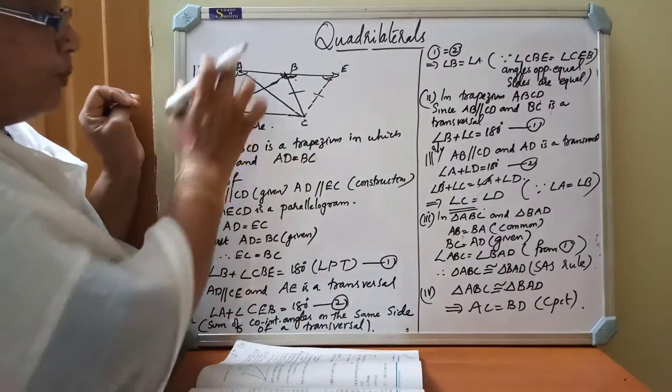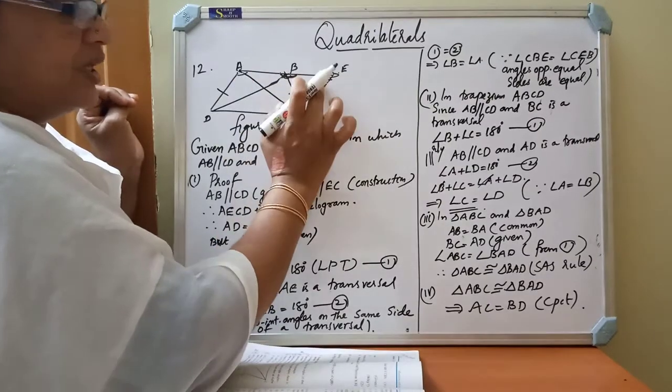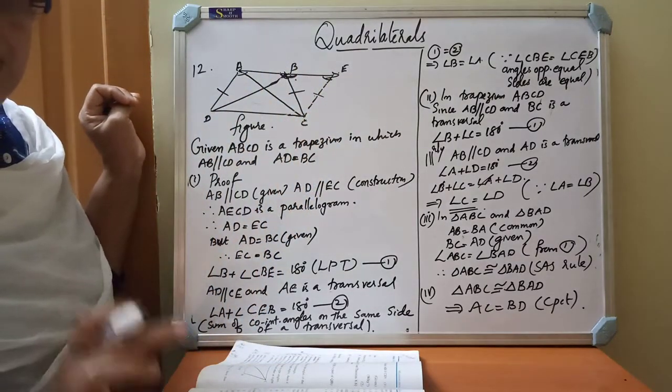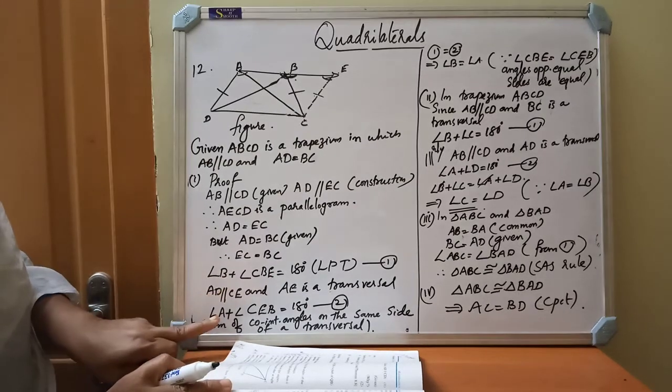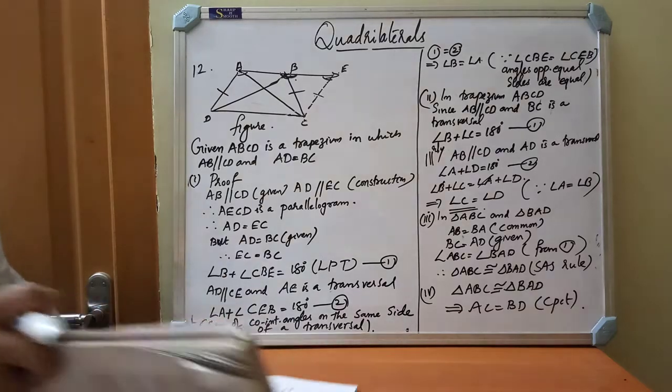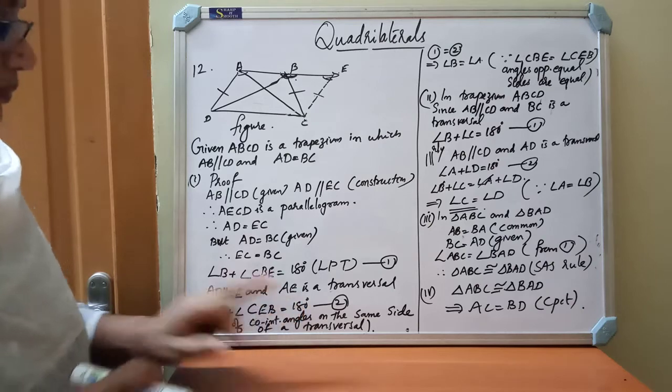Two parallel lines cut by a transversal, the sum of co-interior angles on the same side of the transversal is supplementary. That is why here we write angle A plus angle CEB equal to 180.